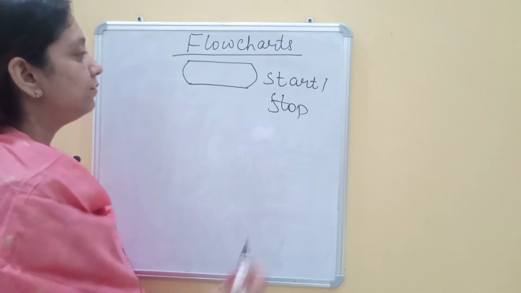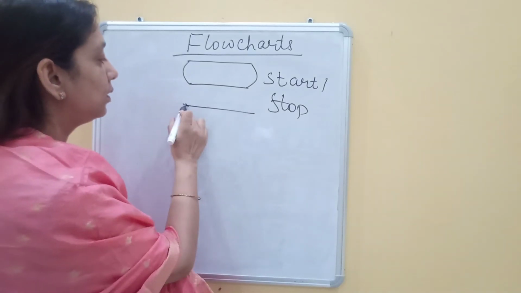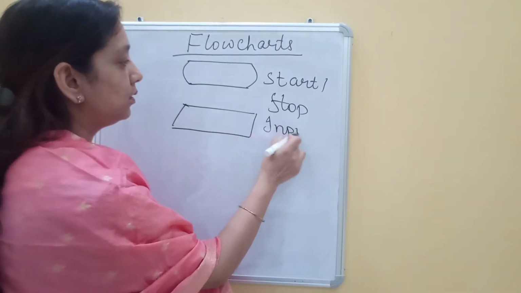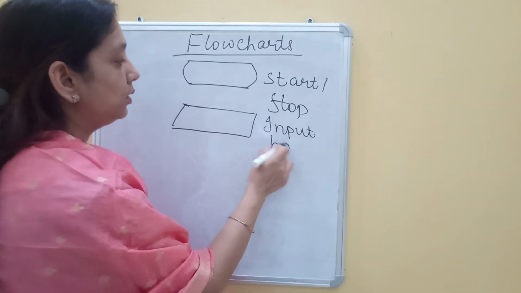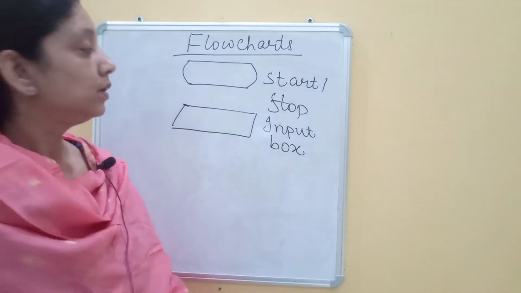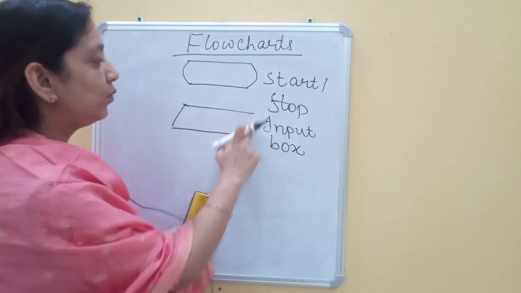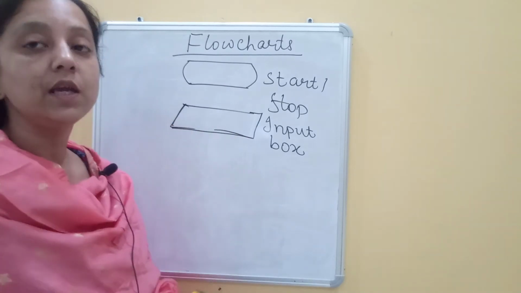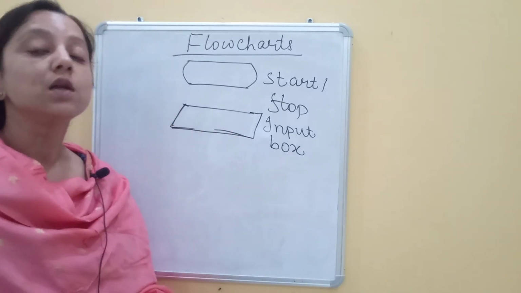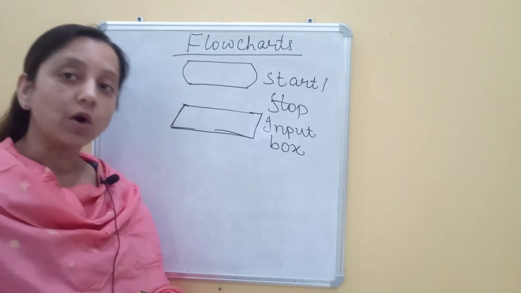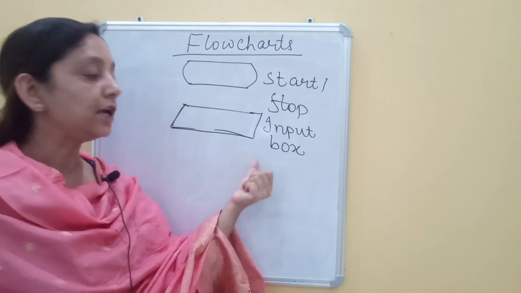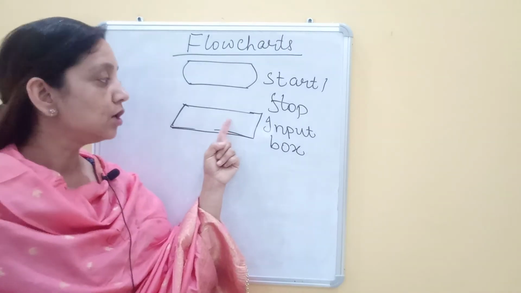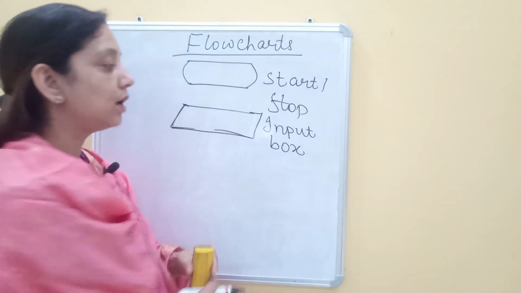Next we have the input box. This particular box with slanting lines is used to input the information from the user. Whatever information we do not have, we take from the user with the help of the input box.